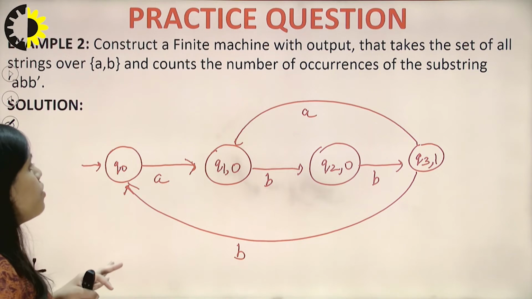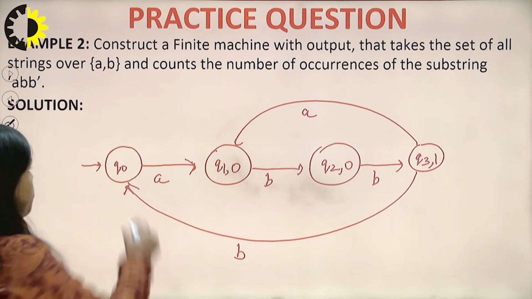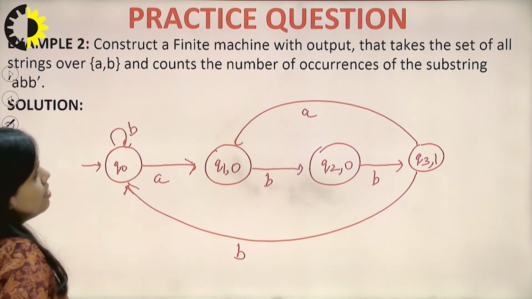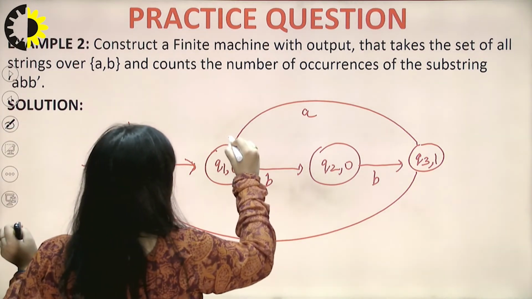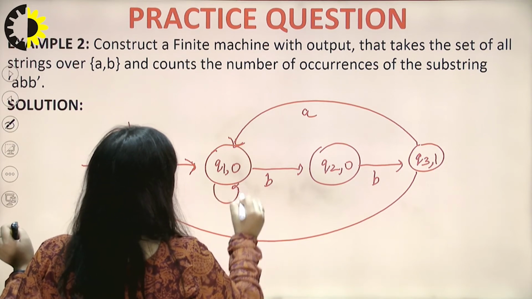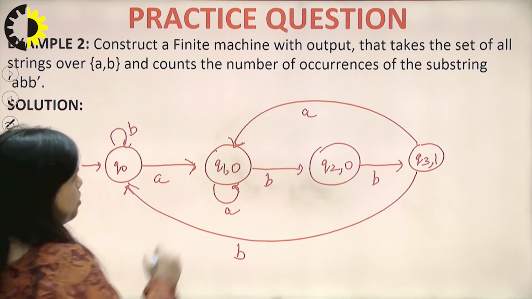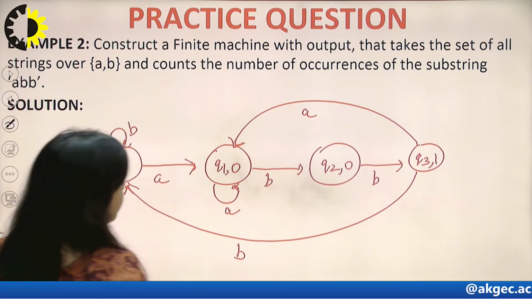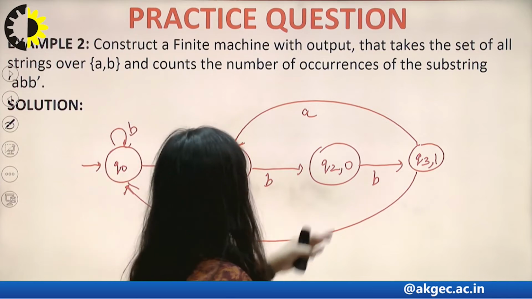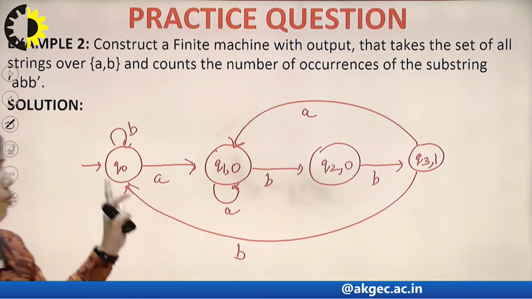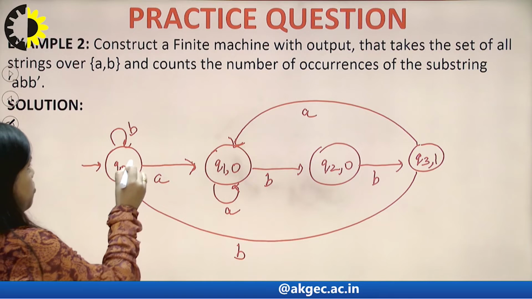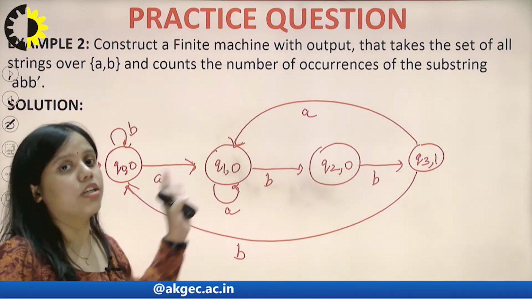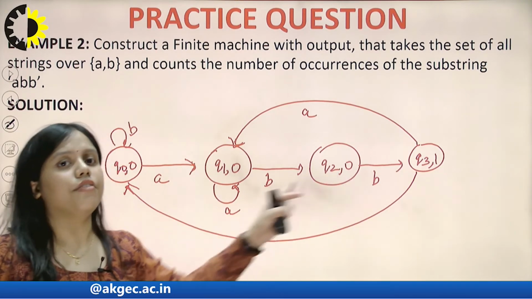Because we have to get this, we'll give a self loop to this. Similarly over here, we'll give a self loop of A. So we'll get A, B, B at last. For Q0 also the output will be 0. So wherever we are moving further, like Q0, Q1, Q2 or Q3, we get the same thing.